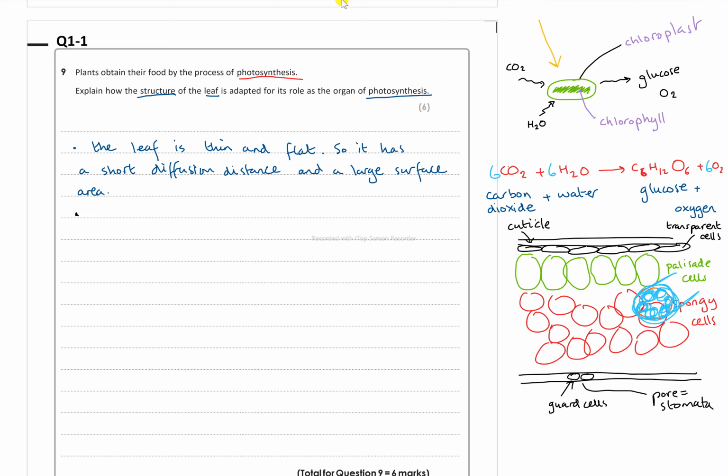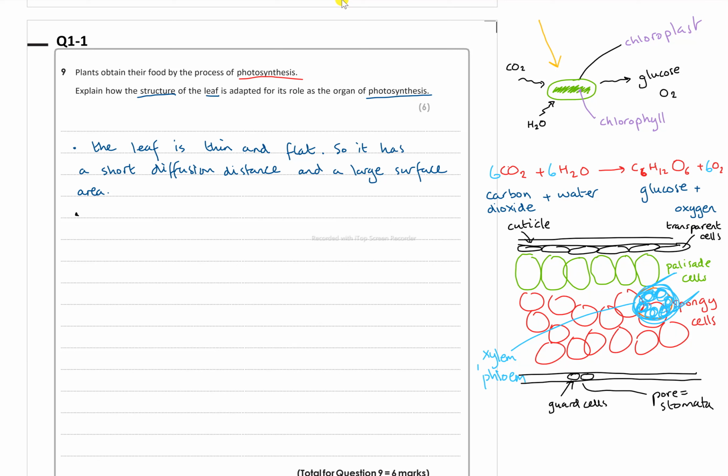That is called the xylem and phloem. Xylem takes water up and down. Phloem takes minerals and the food that the plant has just created during the photosynthesis process. So it's taking the products of the photosynthesis process.